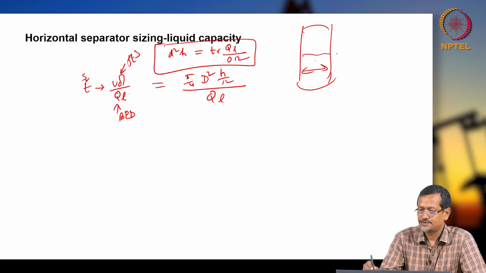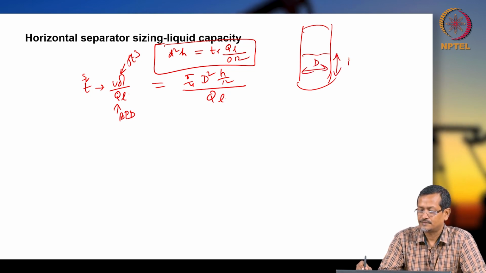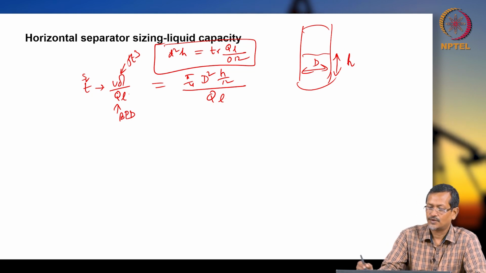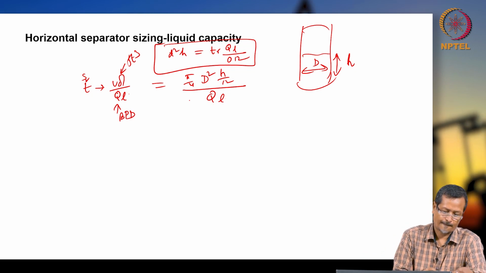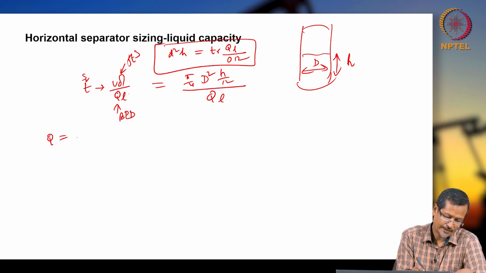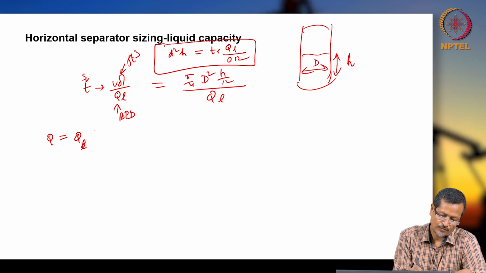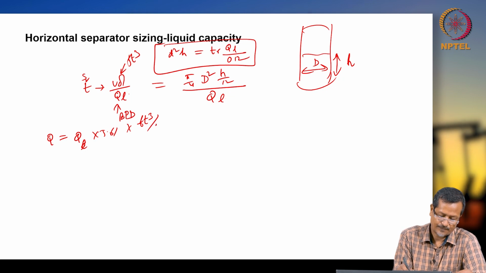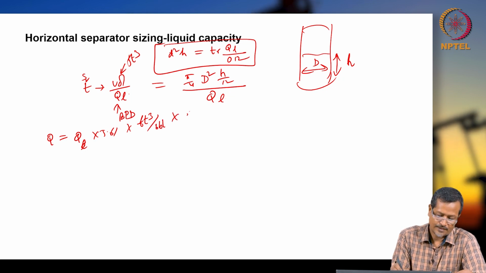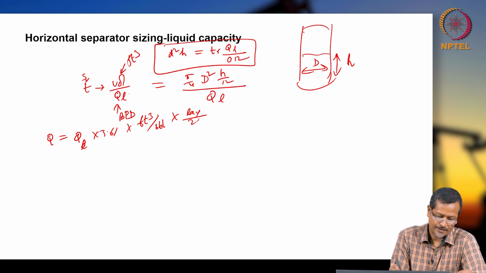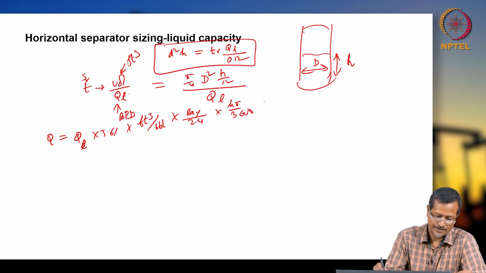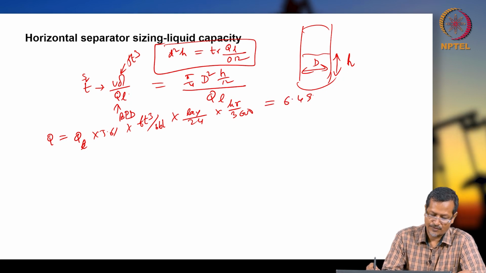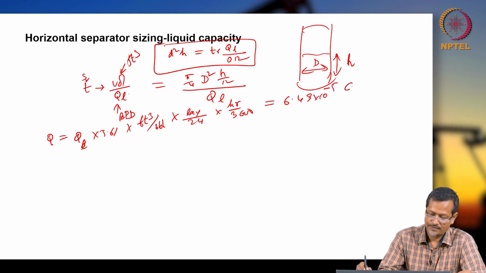What is D? D is this one, H means this one. So total volume we are calculating pi by 4 d square H by 12. Now Q, again Q liquid, into 5.61 cubic feet per barrel, into day per 24 into hour 3600. So it will give 6.49 times 10 power minus 5 QL.